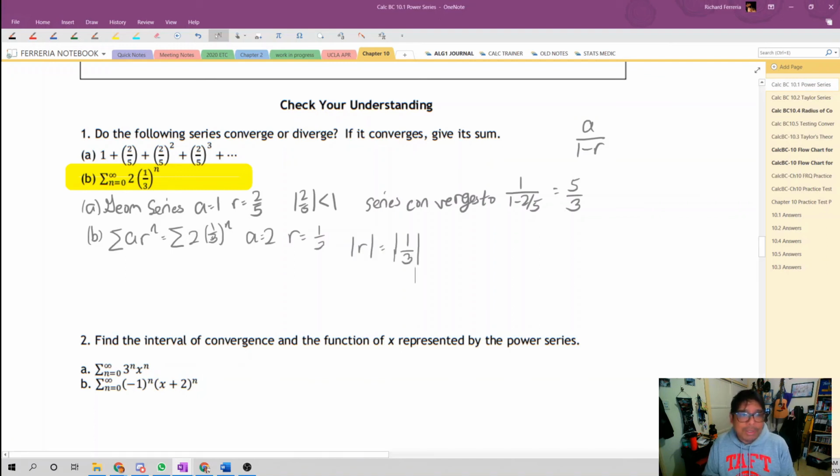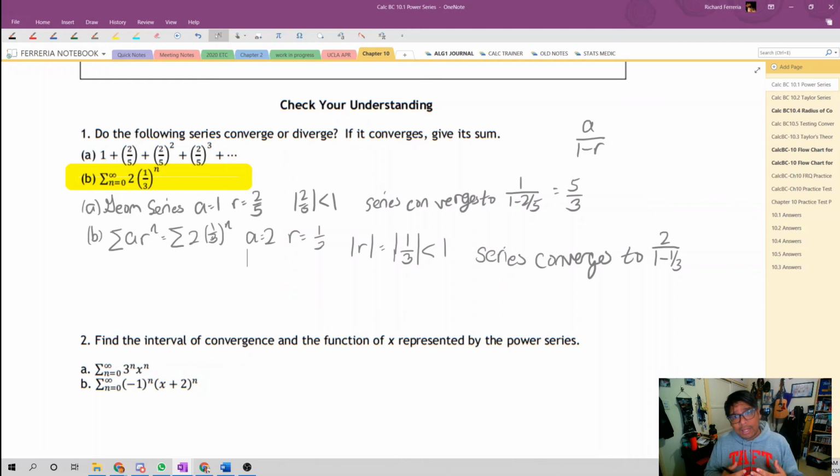That means the absolute value of r is equal to the absolute value of 1/3, which is of course less than 1. So this series does converge, and it converges to 2 over 1 minus 1/3. Like letter A, we can't leave this because we have a fraction inside of a fraction, so we got to simplify that, and that simplifies to 3.